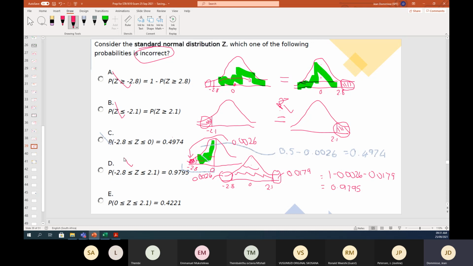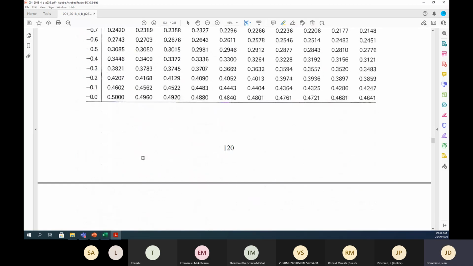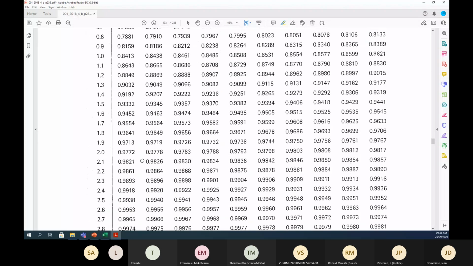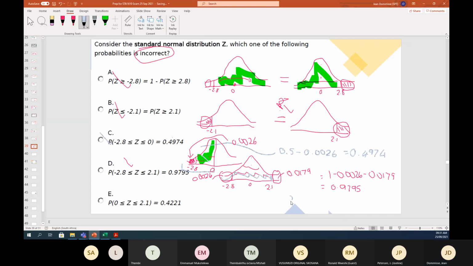Okay, and let's see what that answer is. So that's one way we can do it, which gives us 0.9795. The other way is to say, well, I use my positive table to get the 2.1, because that gives me that whole area. So positive 2.1 is 0.9821.